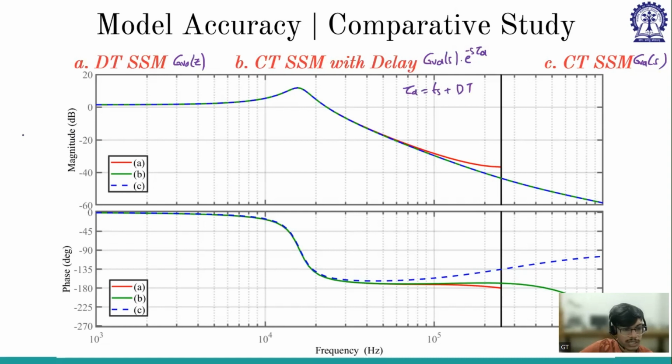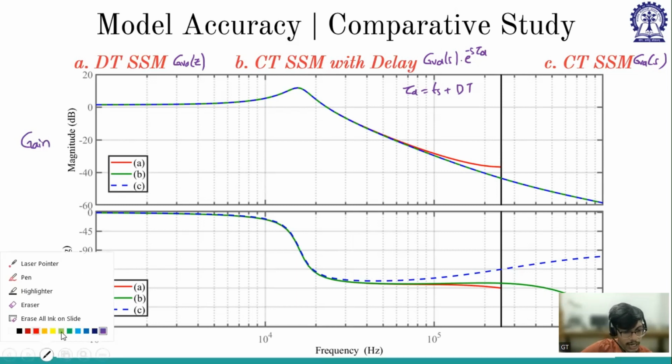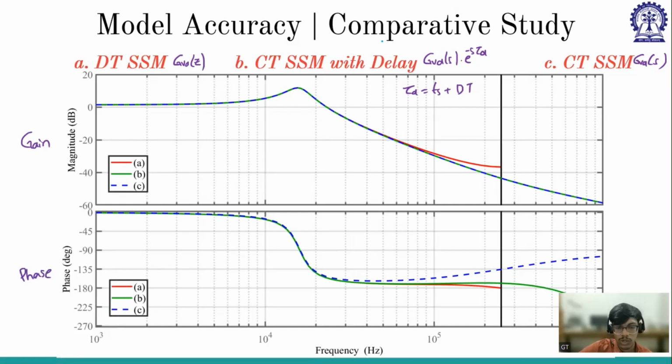Coming to this, this is the gain plot and this is the phase plot. In my gain plot, A, B, and C are there. As you can see, B and C are exactly matching. Can anyone tell why B and C are exactly matching?